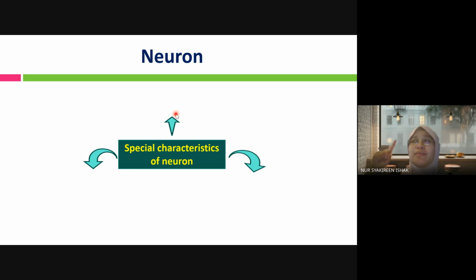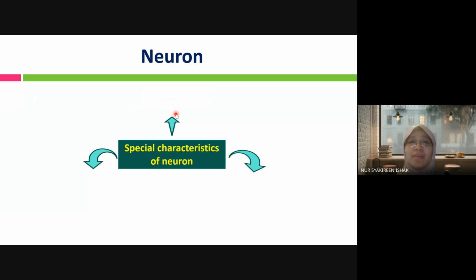For example, the motor neuron can extend into your muscle cell, causing your muscle to contract, or it can send impulses to the endocrine gland to cause the endocrine gland to produce and secrete hormones. So those are the different types of neurons. Okay, sensory, interneurons, and motor neurons.